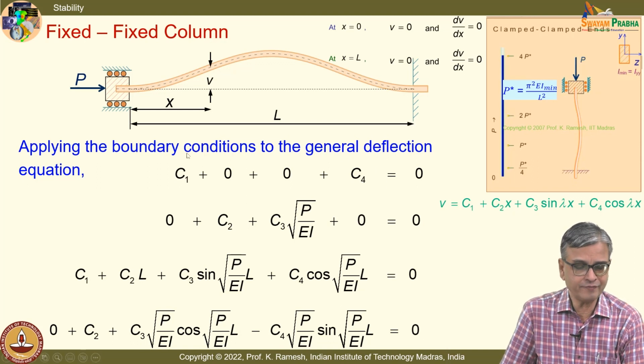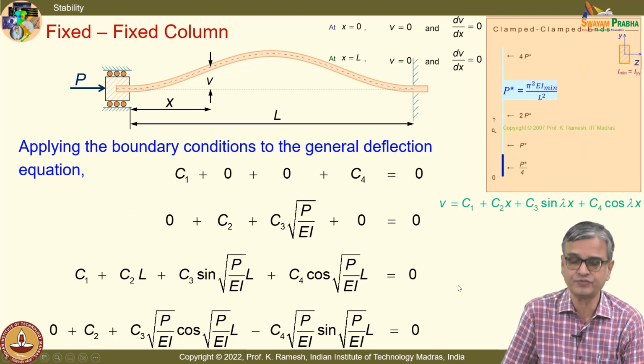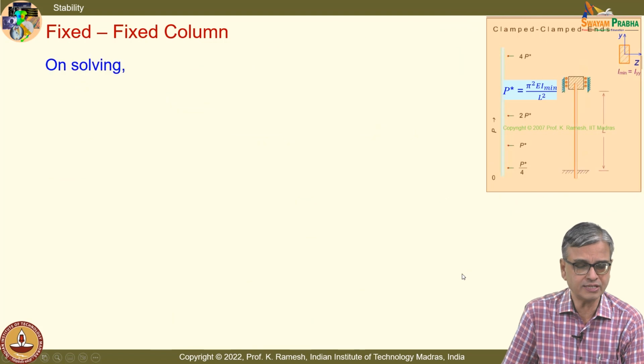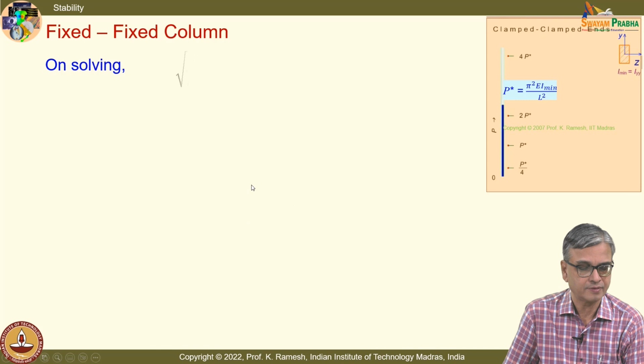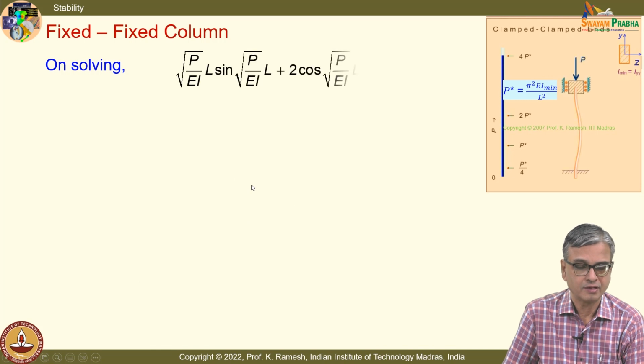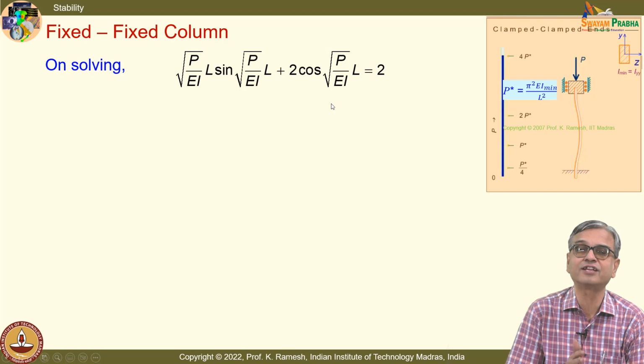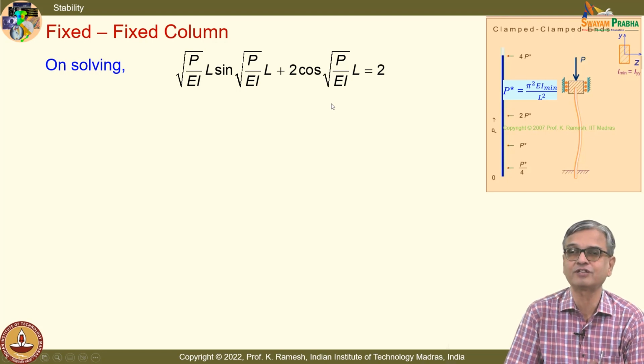And for a non-trivial solution, I should have this determinant go to 0. So, when I do this, I have an expression like this. Tell me what way I should translate this into a condition for me to find out the critical load.